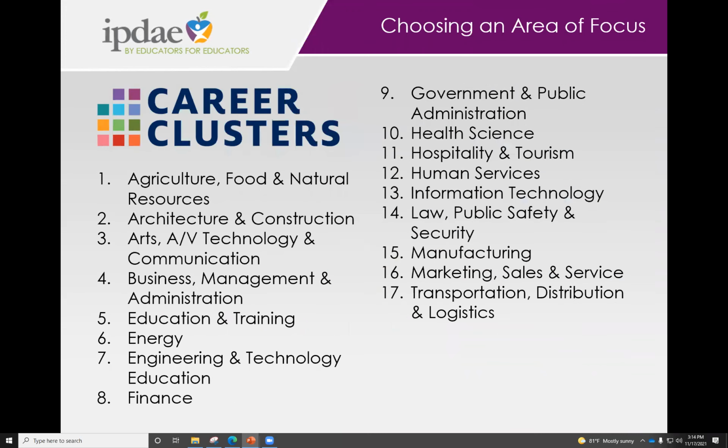We have 17 different career clusters that you can choose from, and within each cluster are several occupational courses or programs that students can take or you can offer. So now we start to think, okay, where do I begin? There's just so many, 17 plus so many.